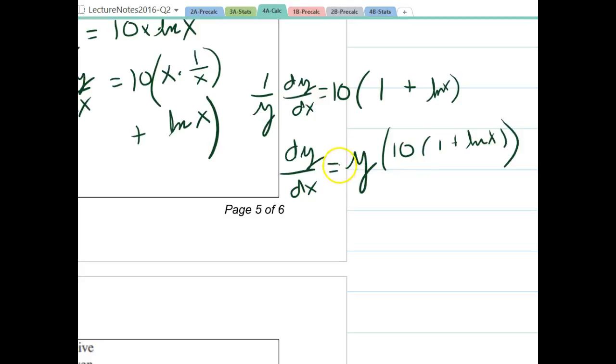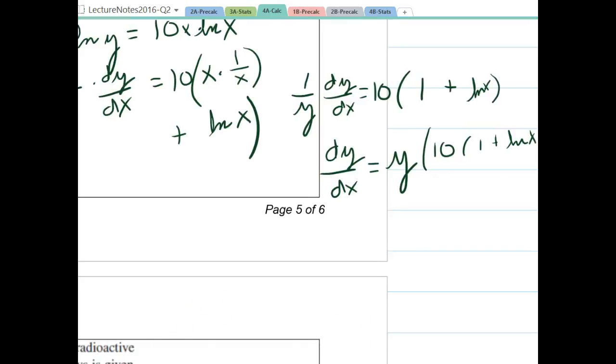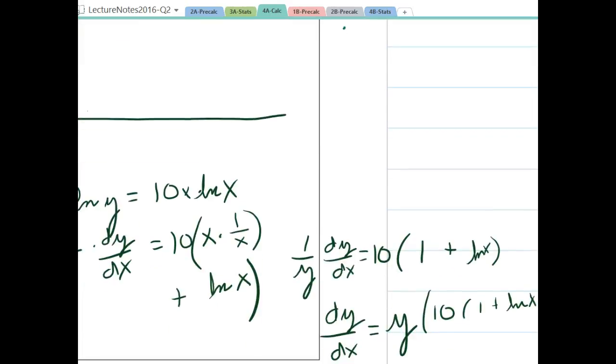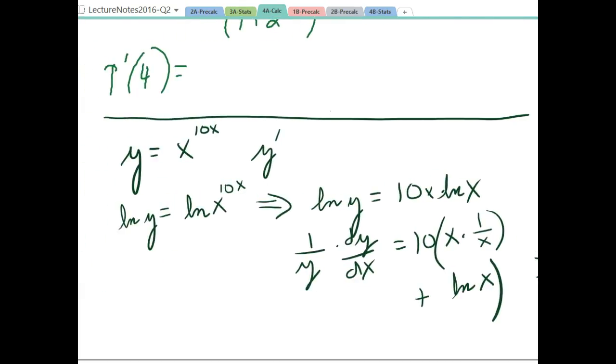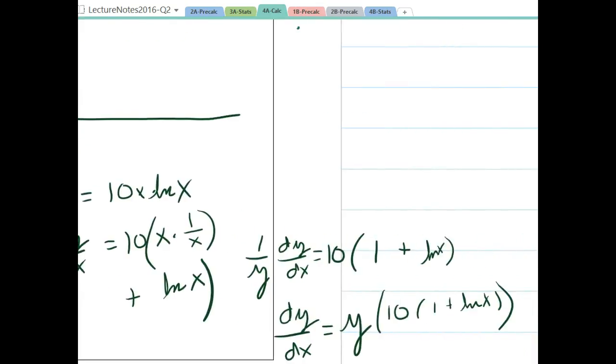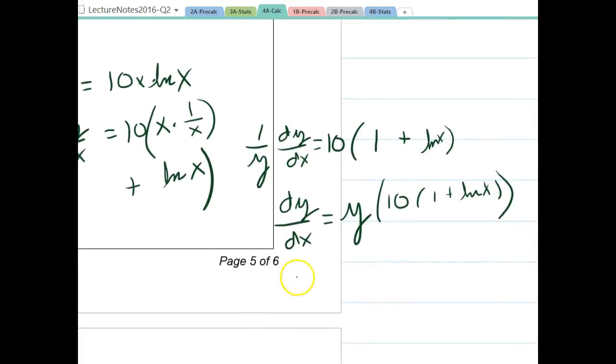But what is y? y was just simply the original function, which was, coming back up here where we started, x to the 10x. So I'm going to do the substitution over here by putting that back in, x to the 10x, for y.